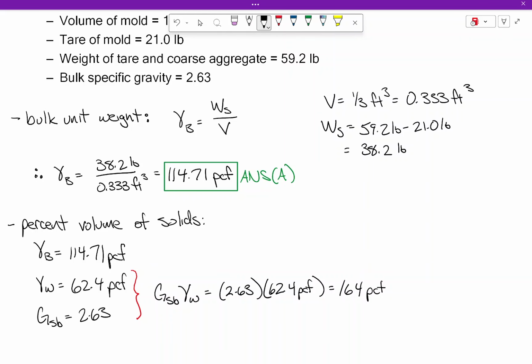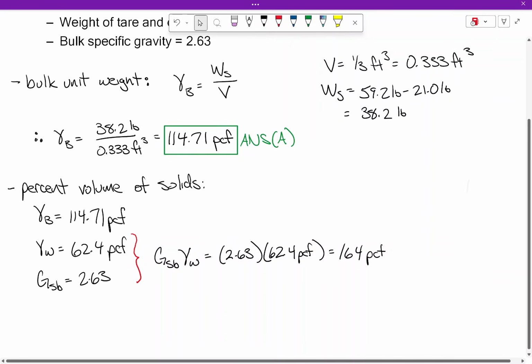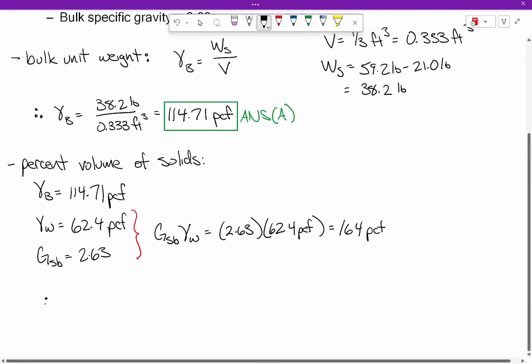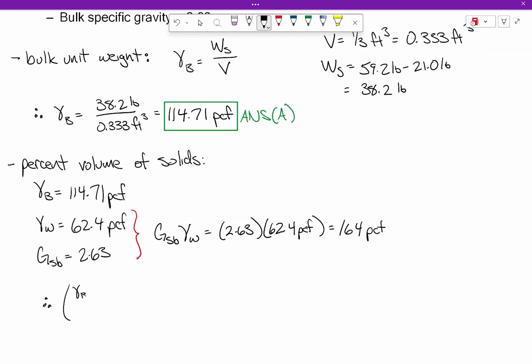But I'm saying that we went and weighed a sample in the lab, and this is what we're getting. So here's my point. If I were to take the ratio of this and this, let me formalize that a little bit. Let's take the ratio of these.